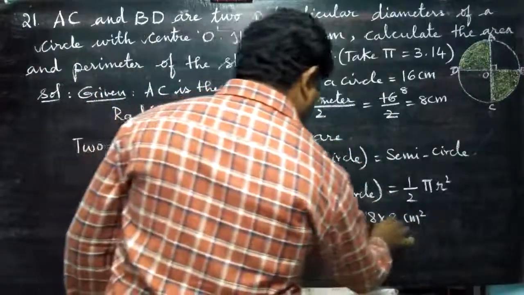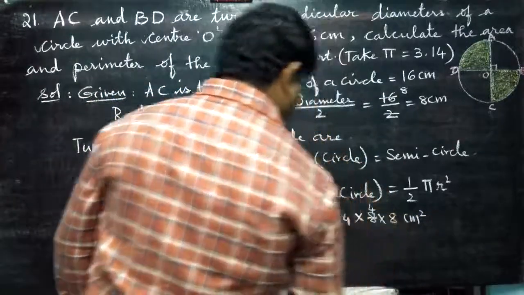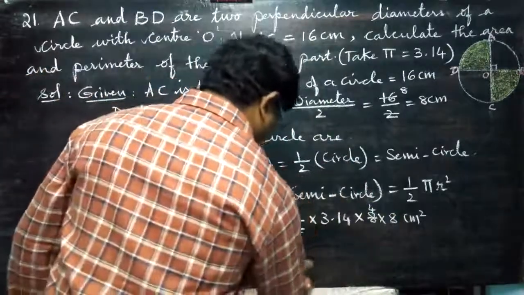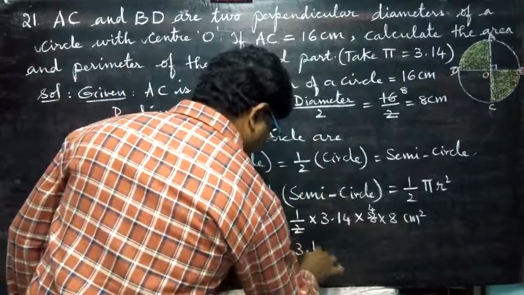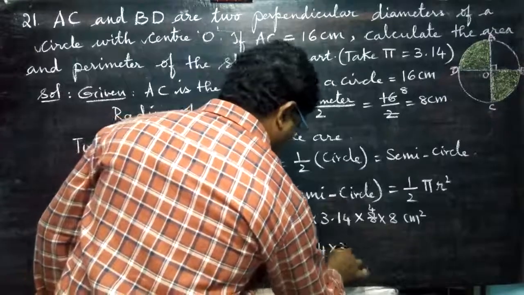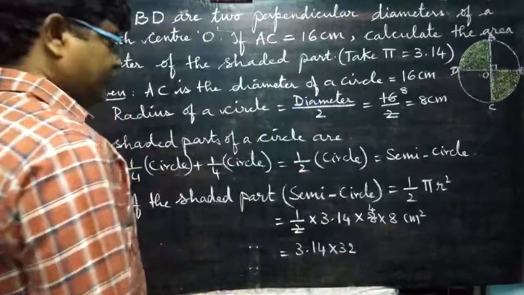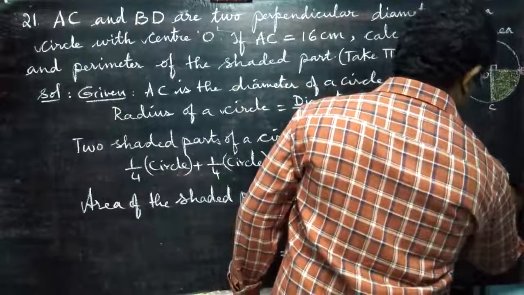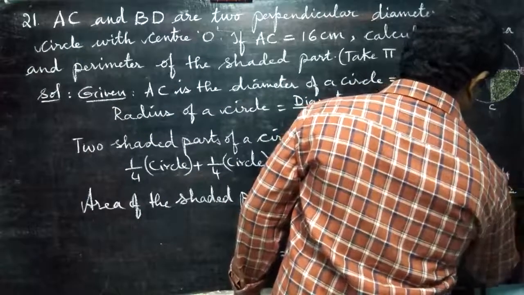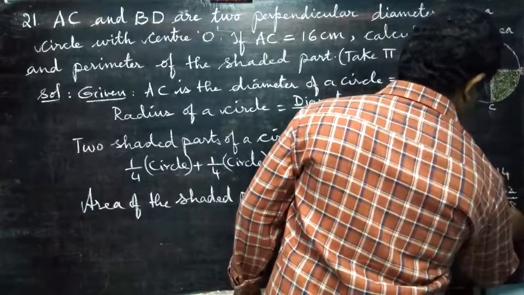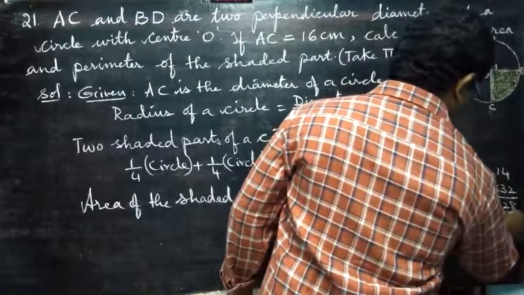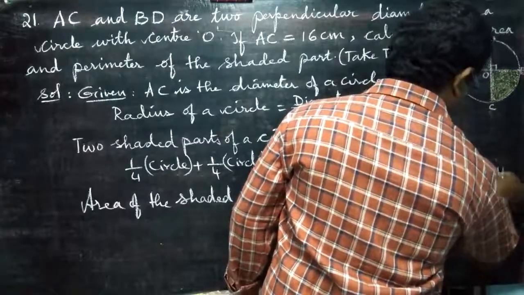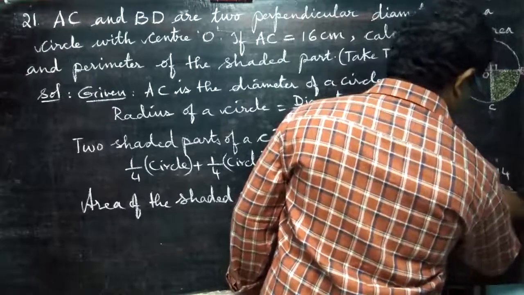2 goes in 8 4 times. So multiply 3.14 into 32. 8 4s are 32. So multiply 3.14 into 32. 2 4s are 8, 2 1s are 2, 2 3s are 6, 3 4s are 12, 1 remaining, 3 plus 1, 4, 3 3s 9.